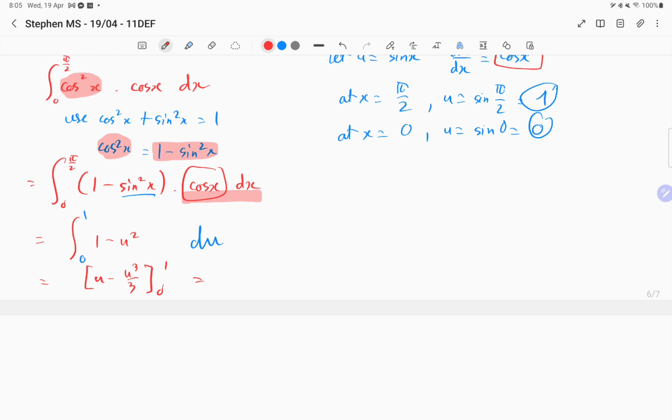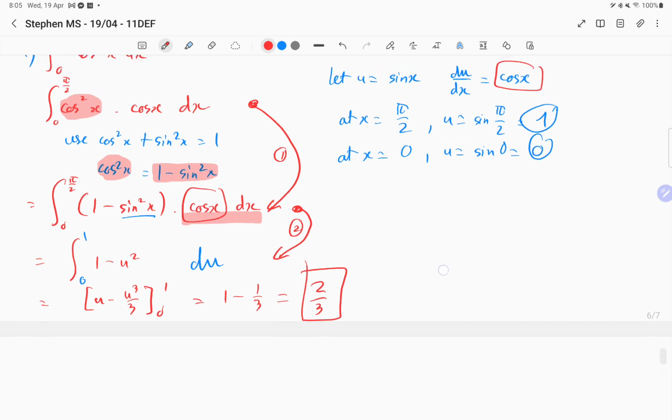But the hardest part is formulating from here to here, and knowing that from here you get to this. Those 2 steps, step 1, step 2, are the hardest. But after that, it's antiderivative. That'll be just 1 minus 1 on 3, which is 2 on 3. Very convenient answer.